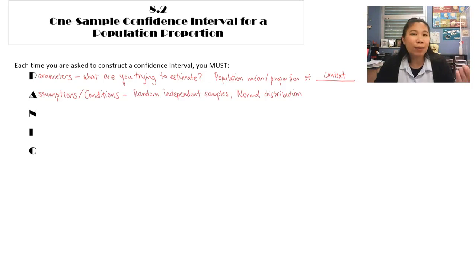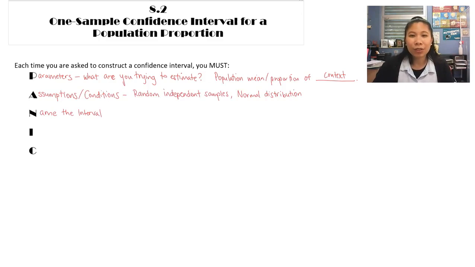We want to make sure we have independent samples, so that's where the 10% rule comes in. And we also want a normal distribution, and that's why we use the large counts rule or the central limit theorem to check to make sure things are normal. These are things that you have to state so that the reader, the grader, knows that you went through the process and did everything correctly.